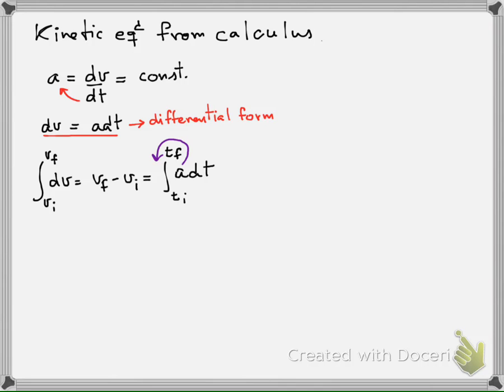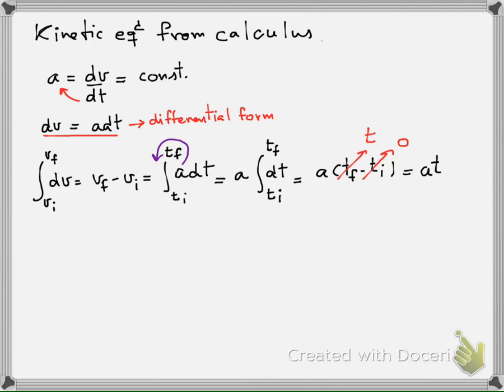So we have this equal to a times the integral of dt from ti to tf, which equals a times tf minus ti, and if we use the notation that tf is equal to t and ti is equal to 0, we will have this equal to at.